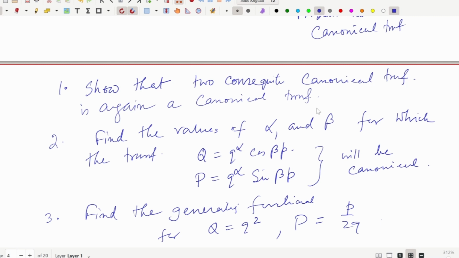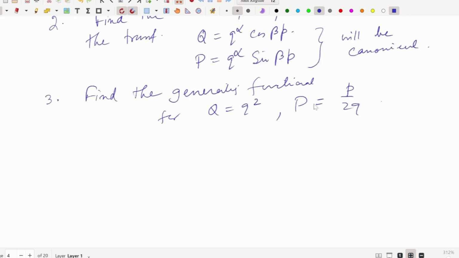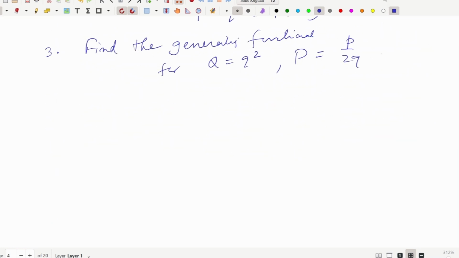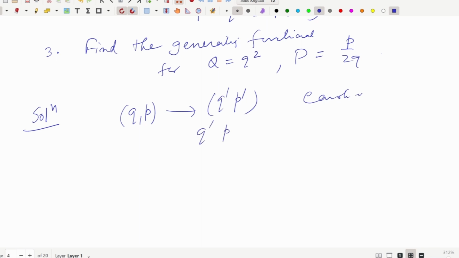First is, show that two consecutive canonical transformations is also again a canonical transformation. Okay, so let us start solution 1. Suppose you have a transformation (q, p) to (Q', P') that is canonical. Then you find Q', P' to another set of new variables Q'', P'' is canonical again.